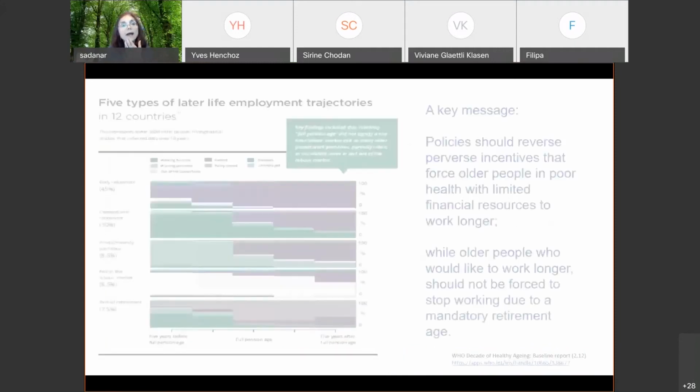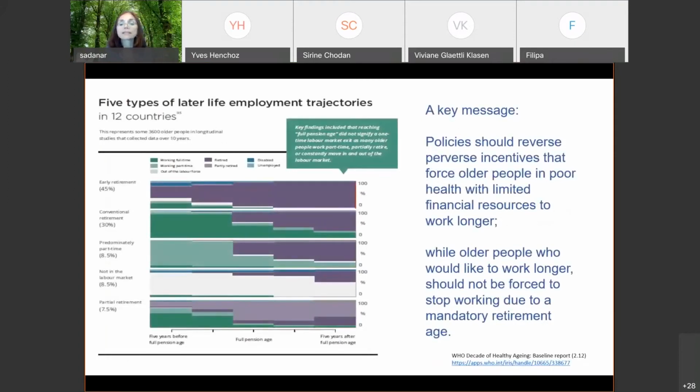So turning to that example, I wanted to mention that for older adults, we need a lot more research on the ways to design interventions and systems that are fairer and offer flexibility.